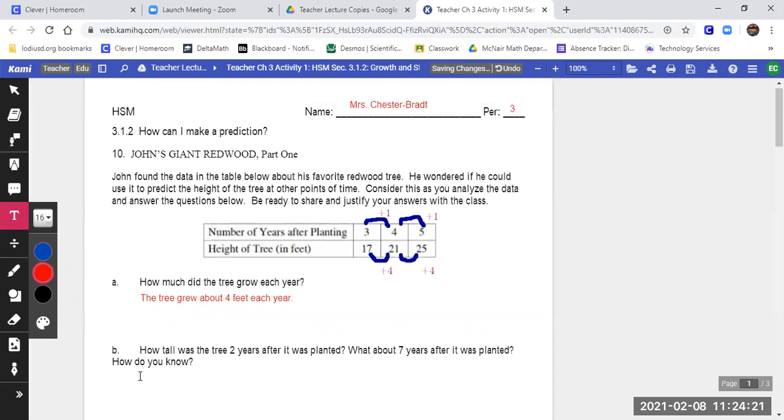Why did I say that word about? Why do you think? Why do you suppose we use the word about?